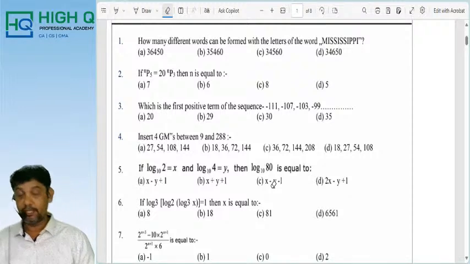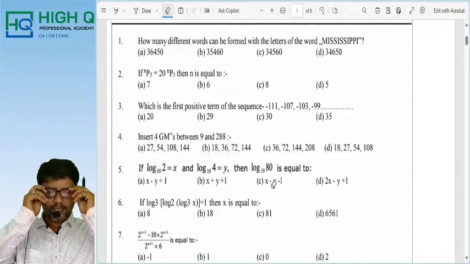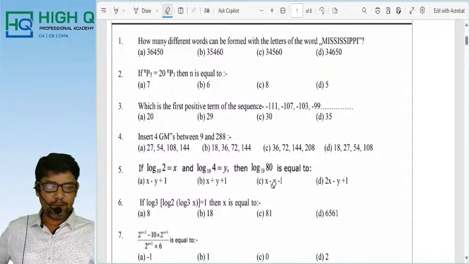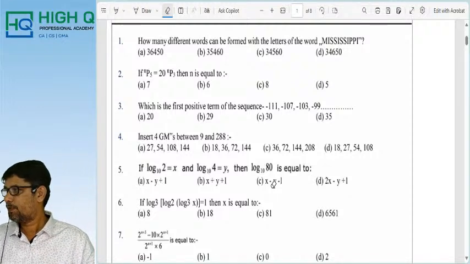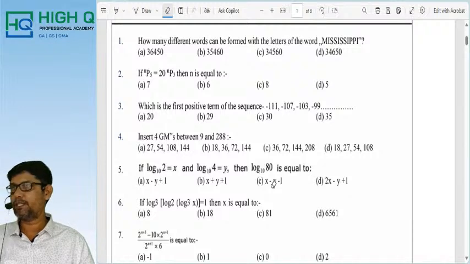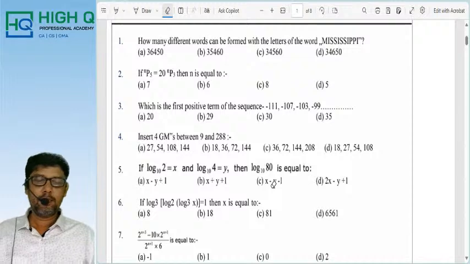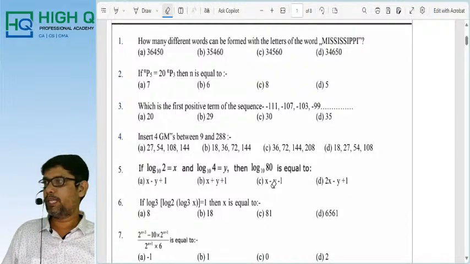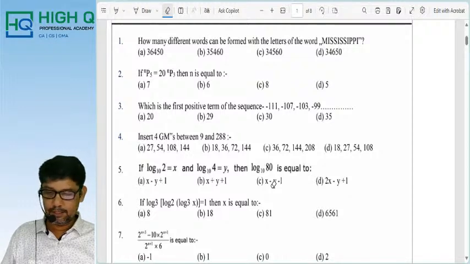Completing this test in 2 hours is not a simple task. Let's see whether I am able to complete this paper with explanation in 2 hours. If I am able to, of course everyone can complete it. Is it clear, all of you?